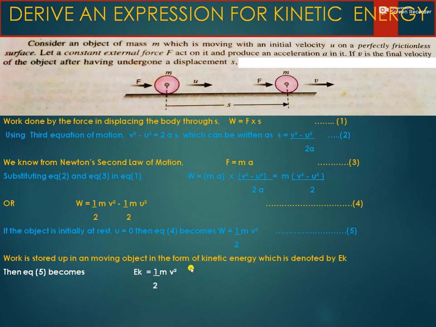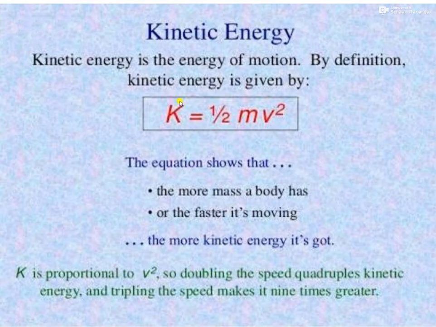Students, this is our expression for kinetic energy. This expression half mv square is also useful in finding the value of kinetic energy in numericals. So kinetic energy is the energy of motion by definition, and the formula is K is equal to half mv square.